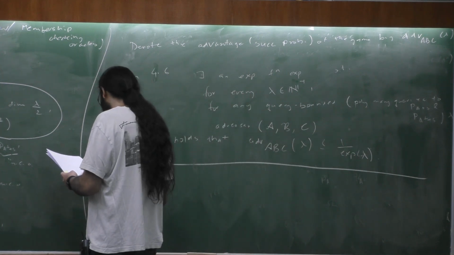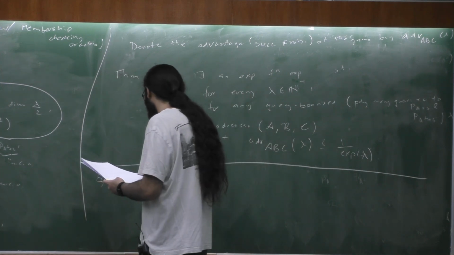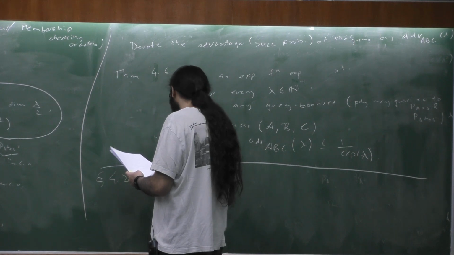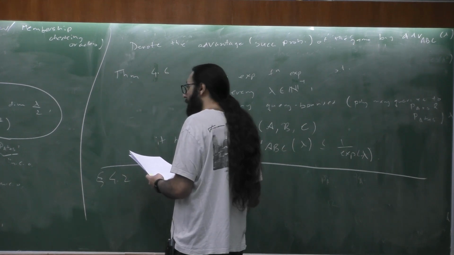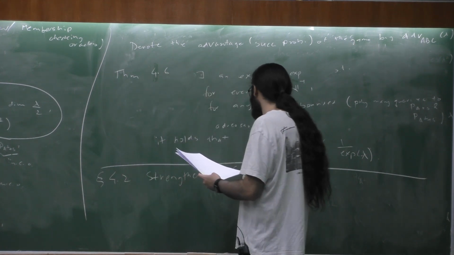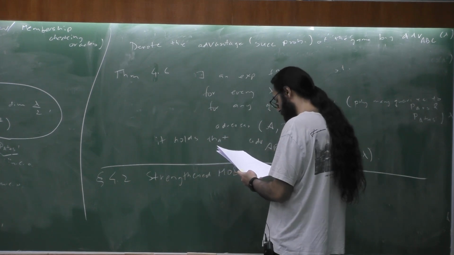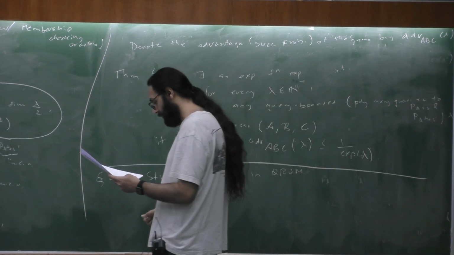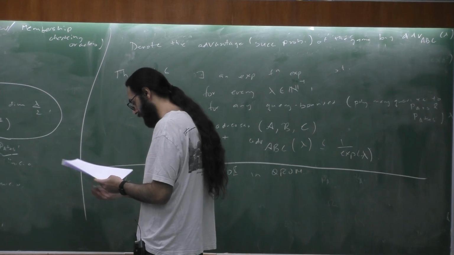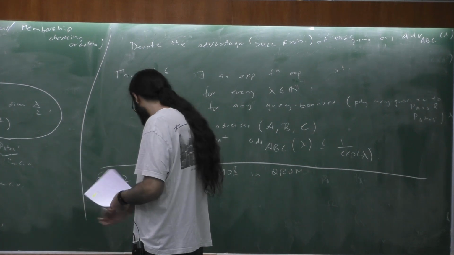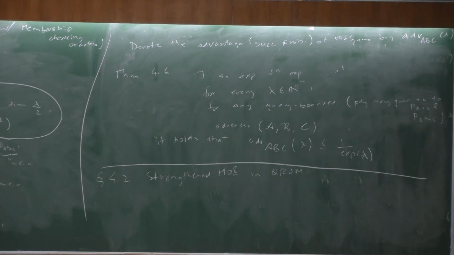Let's move on to the strengthened monogamy of entanglement game, that's the one that we care about, in the quantum random oracle model. It's actually nice, we can write it here, right next to it.